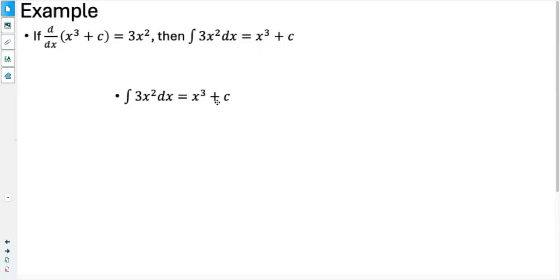So if we have it set up like this, we can say that our integral takes it this way, while our derivative goes this way. So we can see why our integral is referred to as an antiderivative, because it's doing the opposite operation that our derivative does.